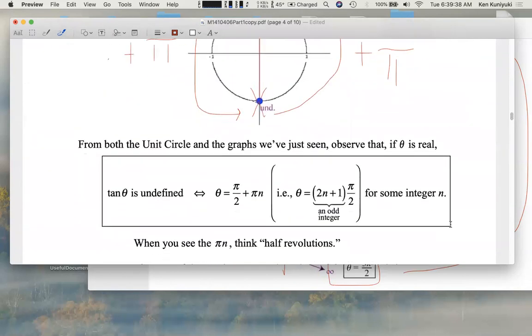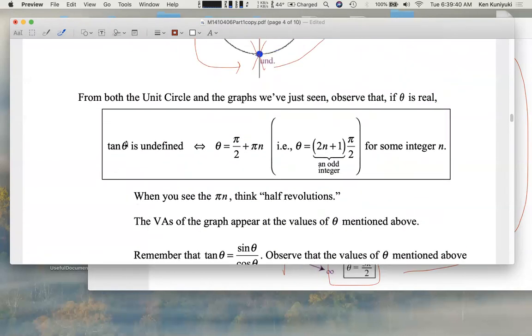And where are the problem values? Tangent of theta is undefined if and only if theta is of the form pi/2 plus pi n, where n is some integer. Another way you can write that, where n is in the set Z. In fact, we'll usually write it that way, where n is in the set of integers.